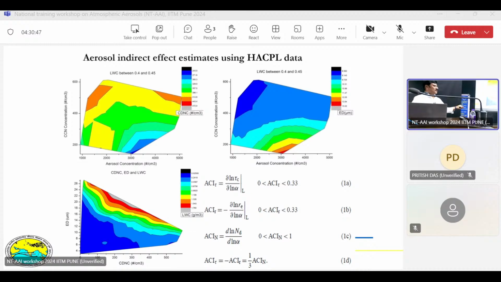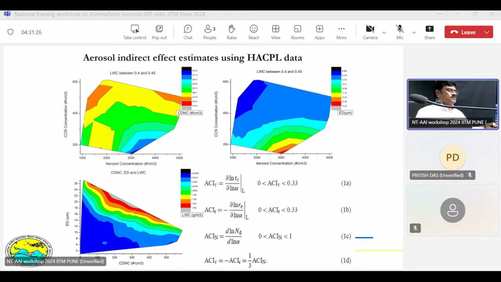Aerosol cloud interactions in terms of number concentration. So here, the relative changes in aerosol proxy. Here alpha is the CCN proxy. Okay, suppose somebody wants to use satellite data, he can use alpha as aerosol optical thickness. So it's a general equation. So in this case, if you have aerosol number concentration and if you have cloud droplet number concentration, N suffix D is the droplet number concentration.